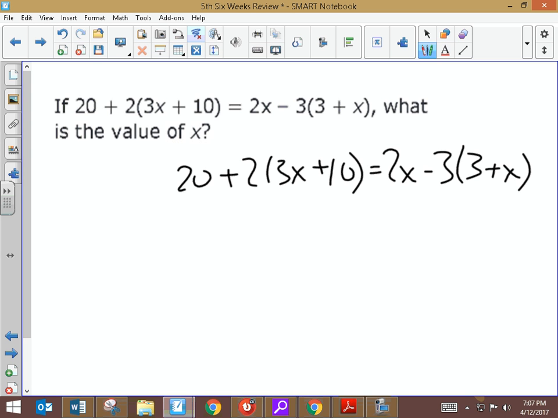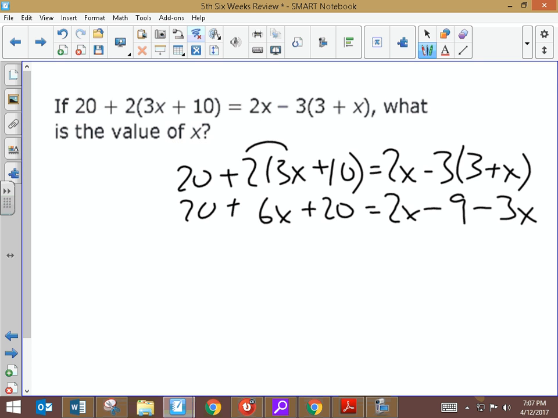All right. You can see why sometimes doing this by hand may take more time. Okay. Equals 2x minus 9 minus 3x. 20. Now, I got a 20 here and a 20 here. So this is 6x plus 40. And this is negative 9 minus x.